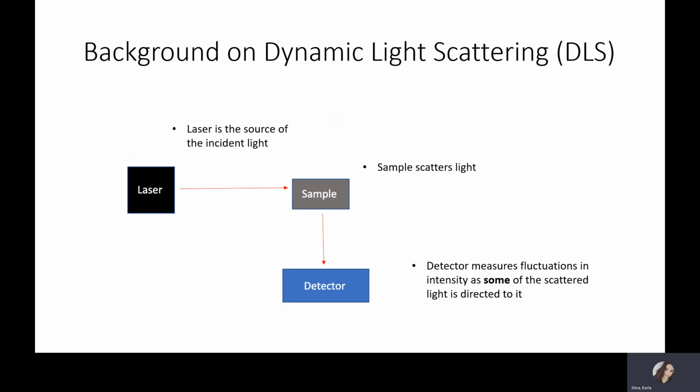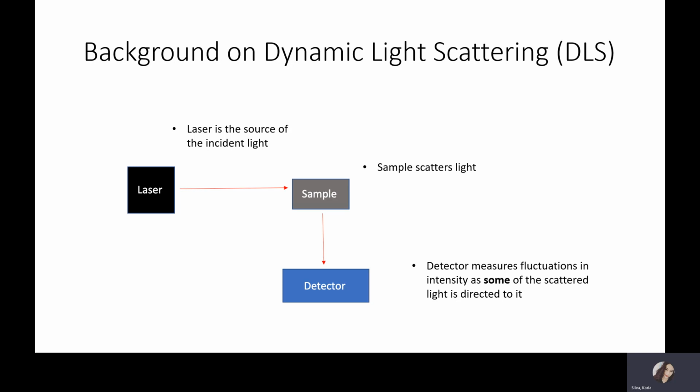Now, a little bit of background on dynamic light scattering, otherwise known as DLS, is that basically you have a laser, a sample, and a detector. Pardon me if you cannot see my pointer, but essentially you have a laser that emits light towards the sample, which then scatters the light in all directions.